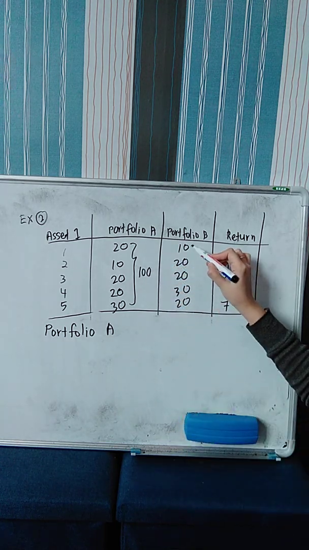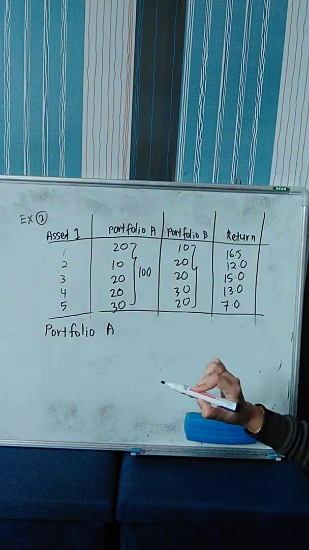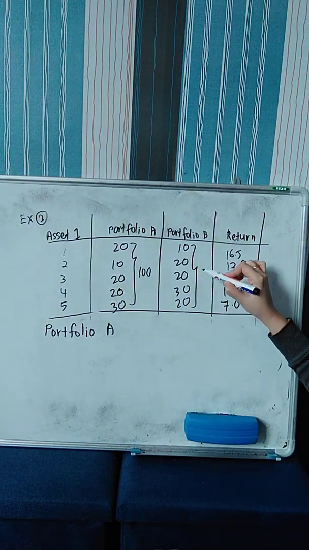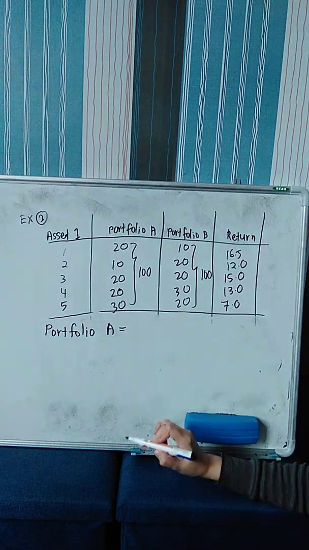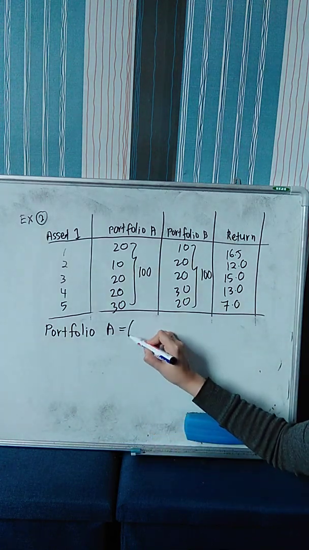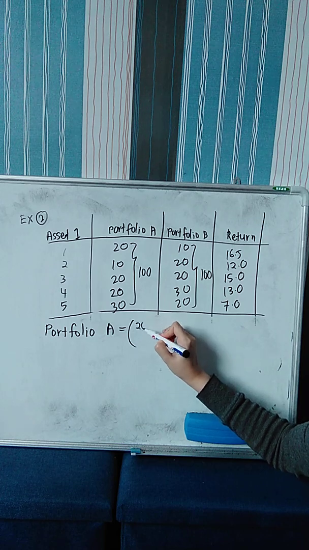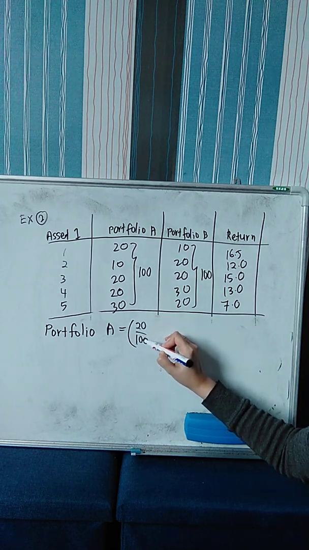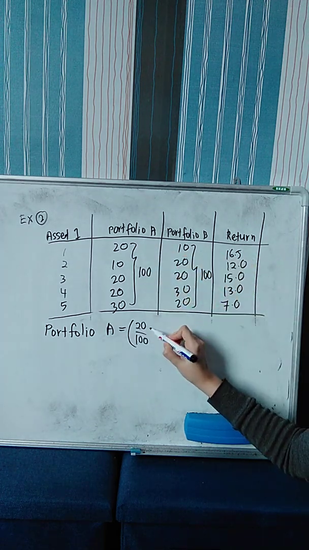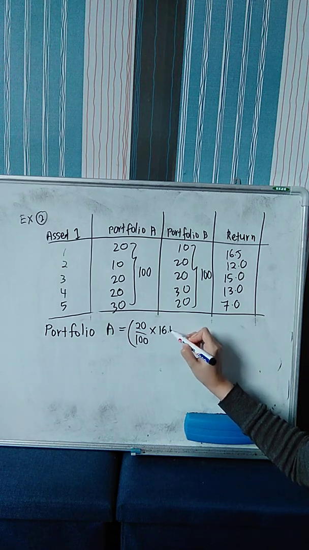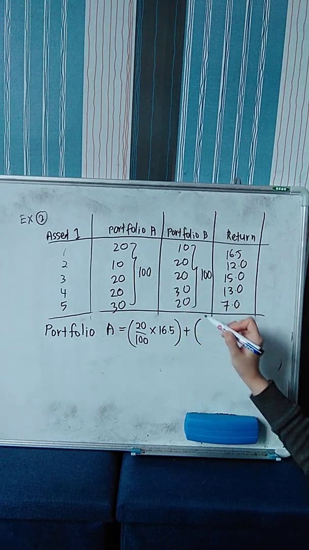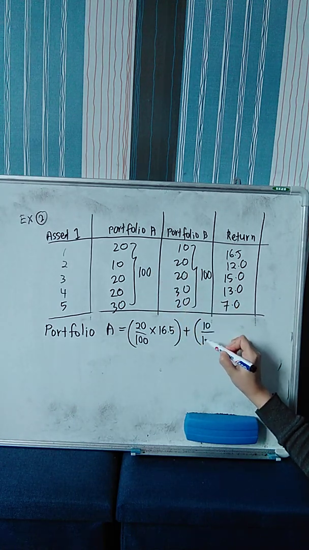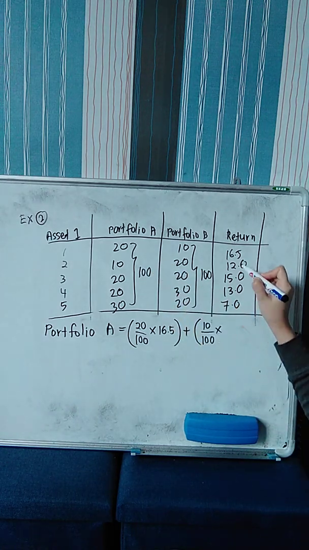Same here for portfolio B, the total is 100 also. So to calculate portfolio A, it is 20, you divide by 100 and then you times it with the return, 16.5. Then plus 10, you divide by 100, you times it with 12.